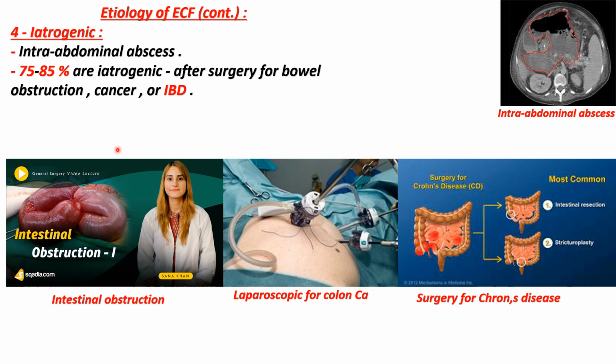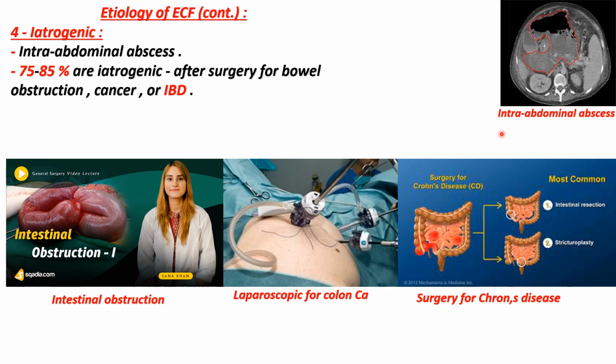The fourth mechanism of fistula formation is iatrogenic. Intra-abdominal abscess: 75 to 85% are iatrogenic after surgery for bowel obstruction, cancer in the abdomen, or inflammatory bowel disease.